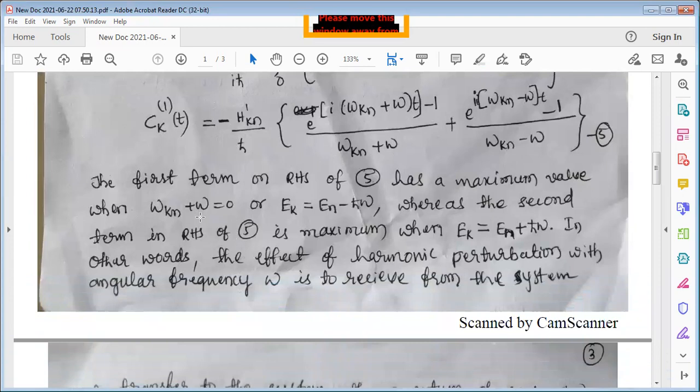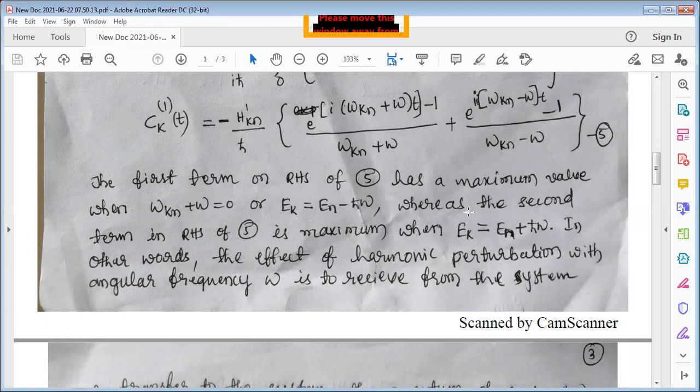The first term on the RHS of 5 has a maximum value when omega kn plus omega is equal to 0. This is the first term. So this term is maximum when omega kn plus omega is equal to 0, or Ek is equal to En minus h cross omega.